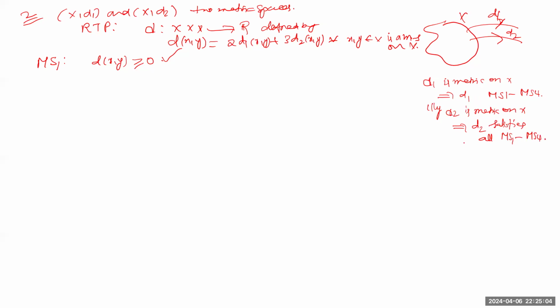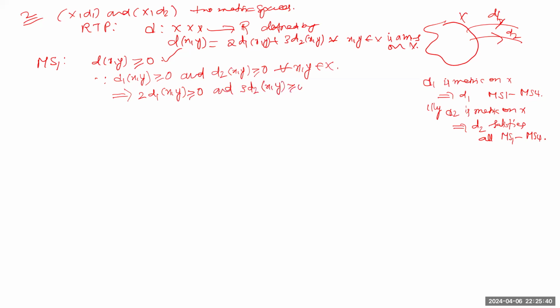So in MS1, since d1 is a metric, d1 of x comma y is greater than or equal to 0, and d2 of x comma y is always greater than or equal to 0 for all x comma y belongs to capital X. So that implies 2 times d1 of x comma y is greater than or equal to 0 and 3 times d2 of x comma y is greater than or equal to 0.